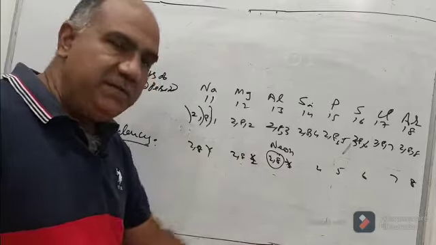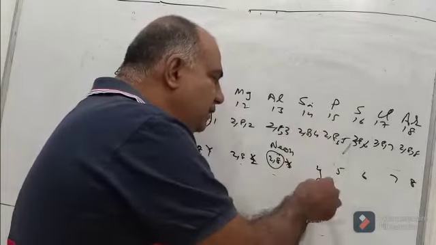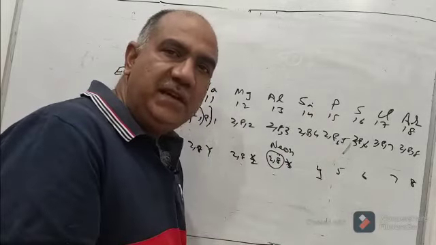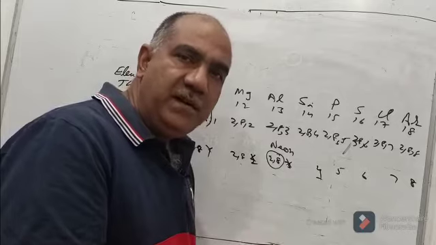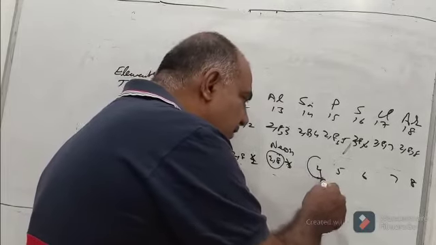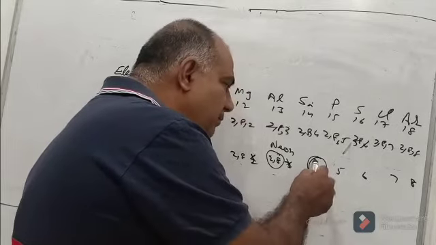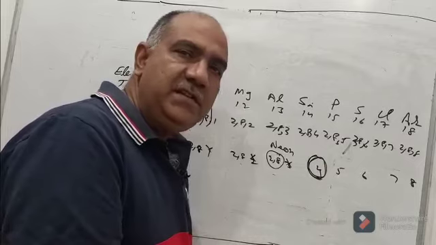Now, we will extend our definition of valency to sharing. See, silicon has got 4 valence electrons. So, because of energy consideration, it cannot lose 4 or it cannot gain 4. It will share with other elements. So, the definition of valency also goes, number of electrons that are required to be shared by one atom of an element is its valency.